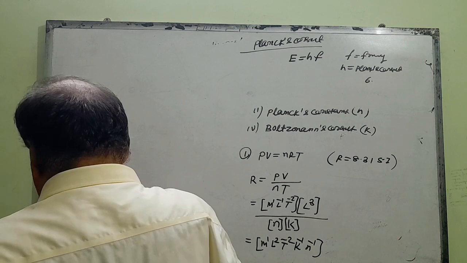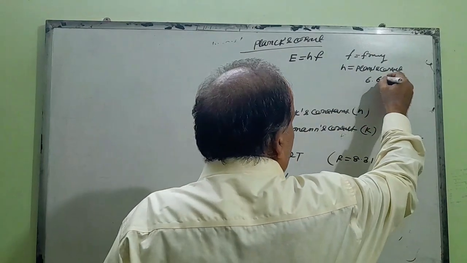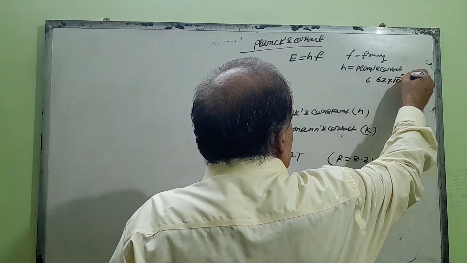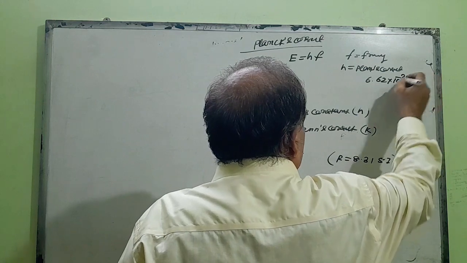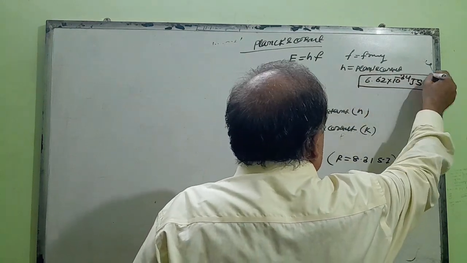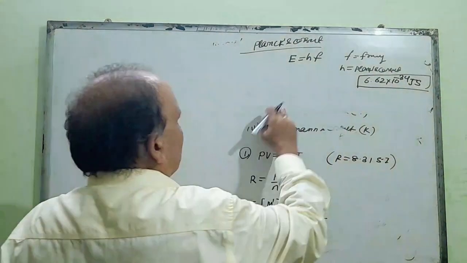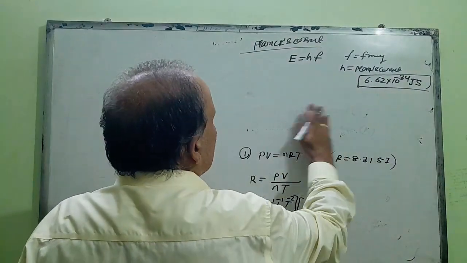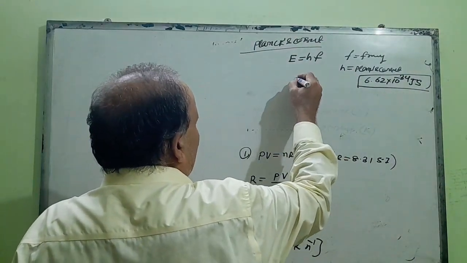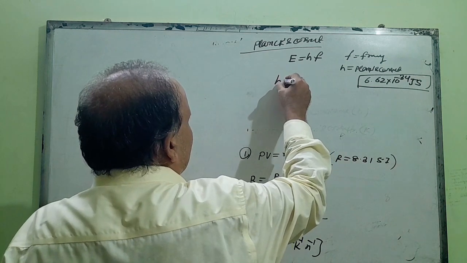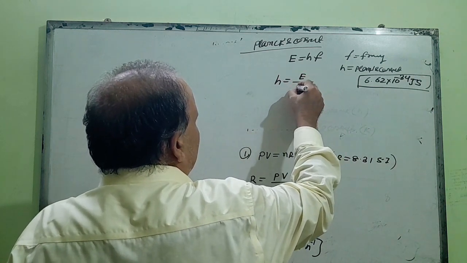Its value is 6.62 into 10 to the power minus 34 joule second. It is always constant. So you can write E is equal to H nu, or H F, so H is equal to E by F.